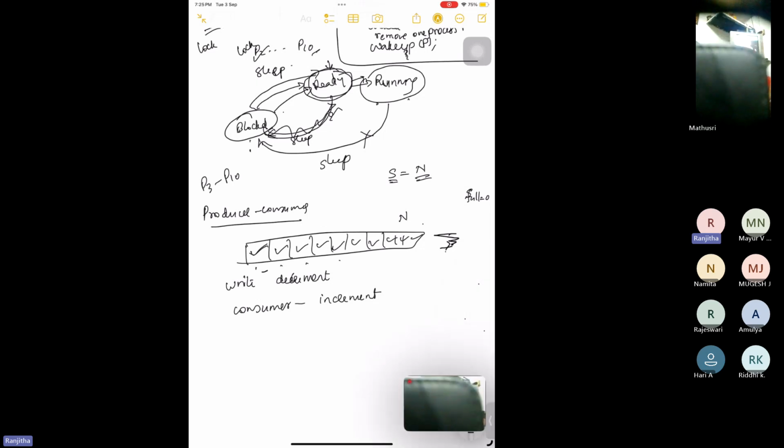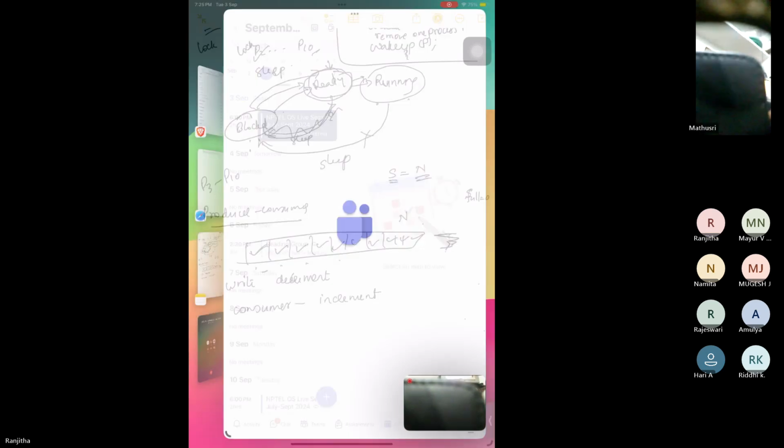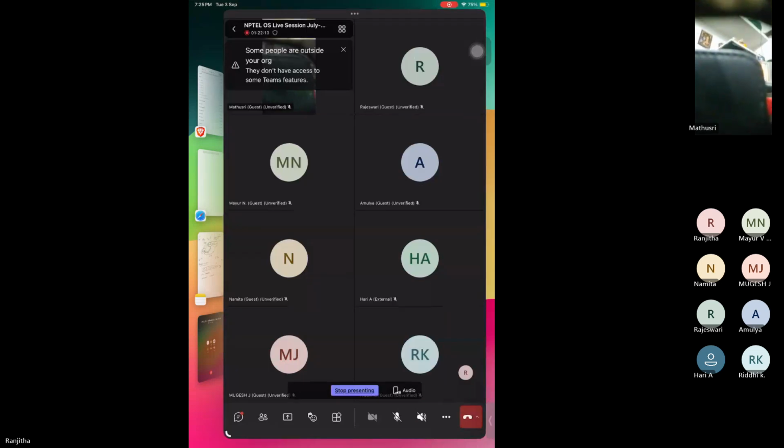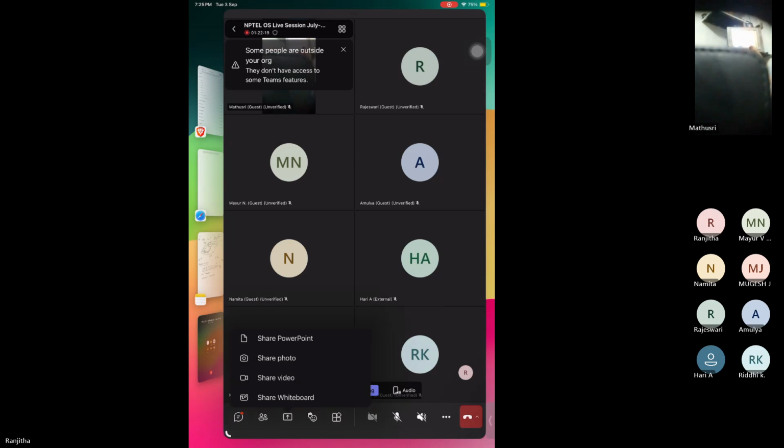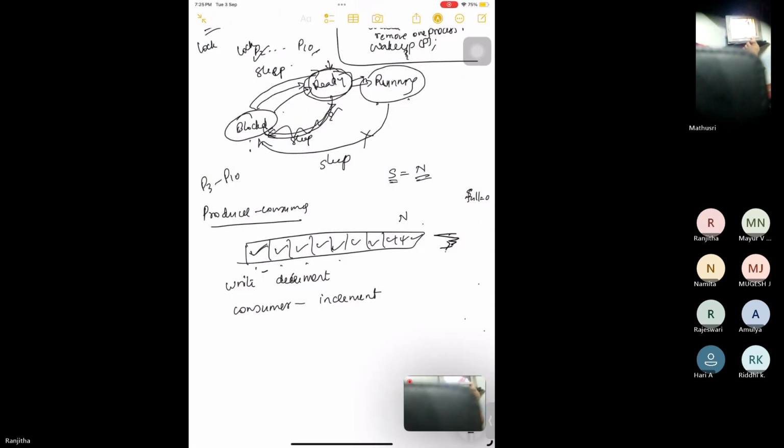Same way, when empty becomes n, the consumer will not be reading from the buffer.